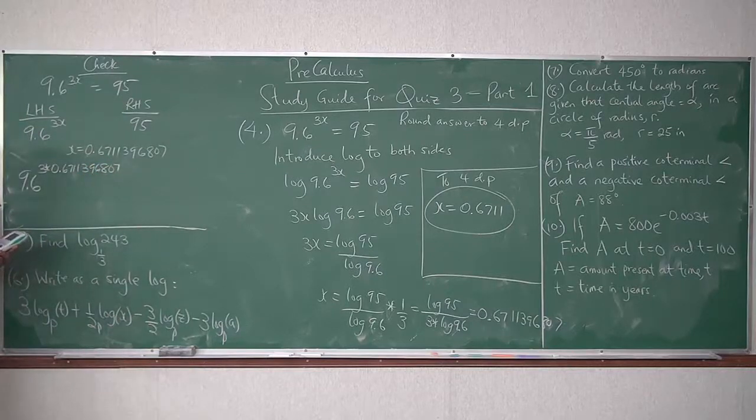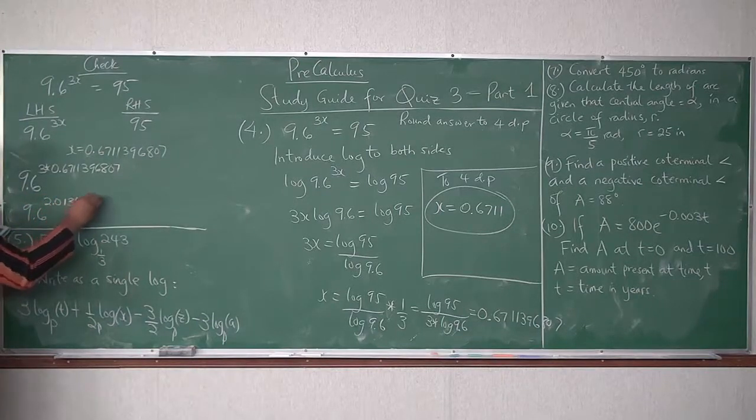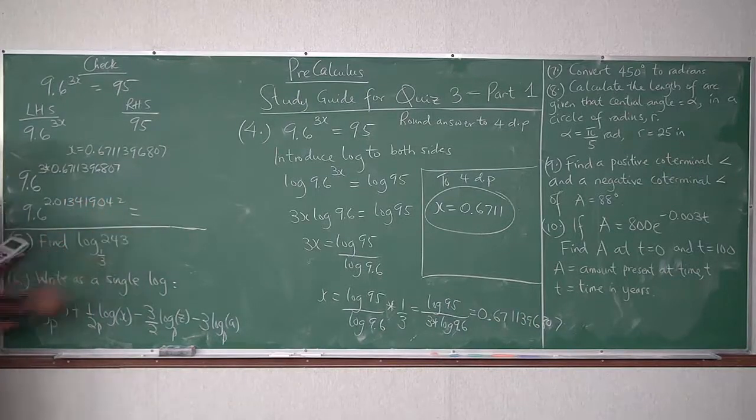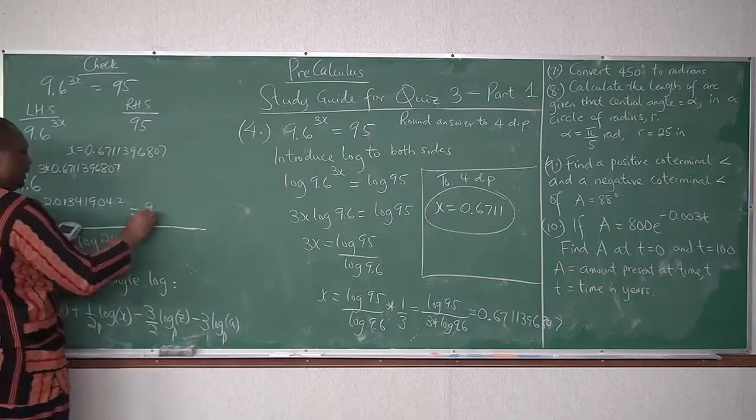So this is times 3 equal to this. So this is 9.6 raised to power 2.013419042. Okay, so I will do 9.6 raised to power answer.